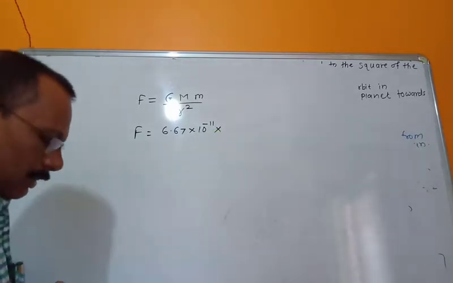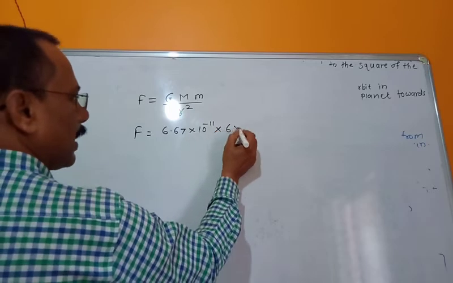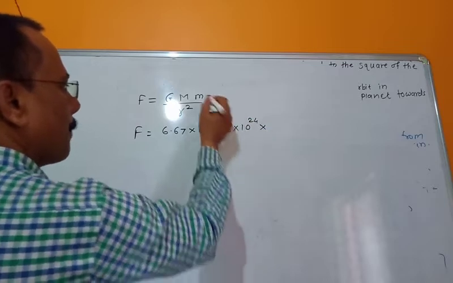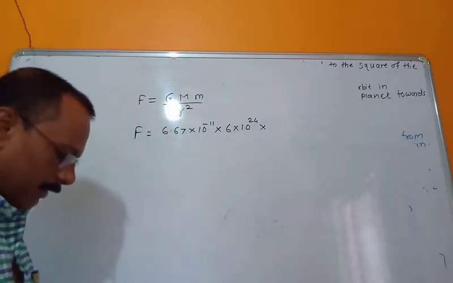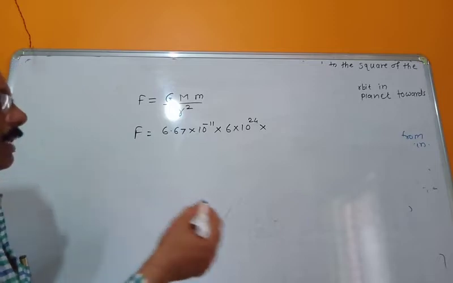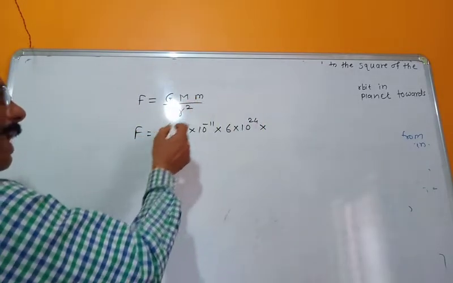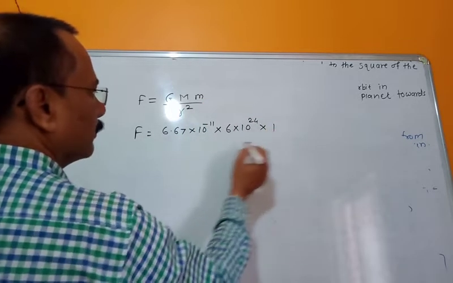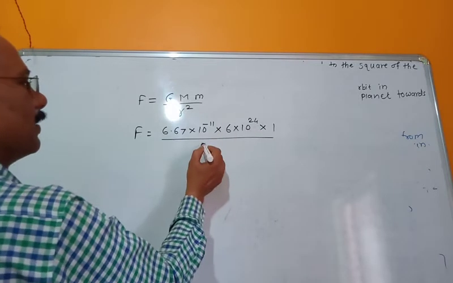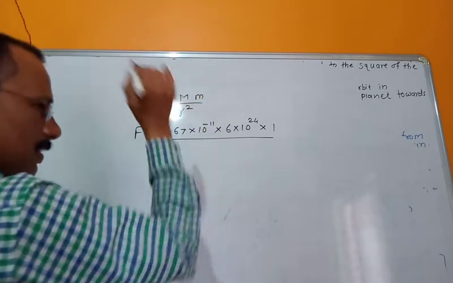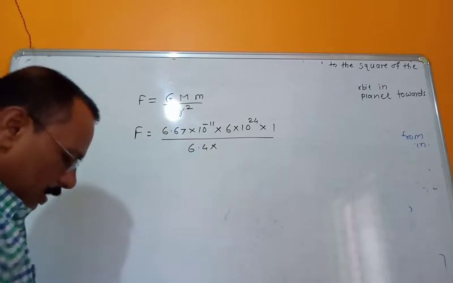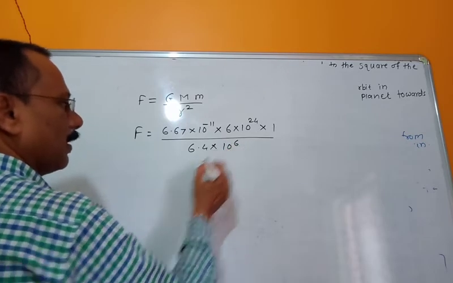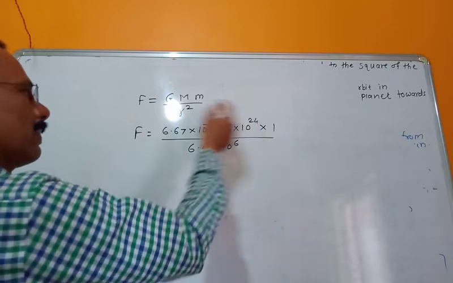M, the mass of the earth, is 6 into 10 raised to 24 kg, and the mass of the object will be given. Suppose the mass is 1, and r is the radius of the earth, 6.4 into 10 raised to 6. You can calculate it and find the force.